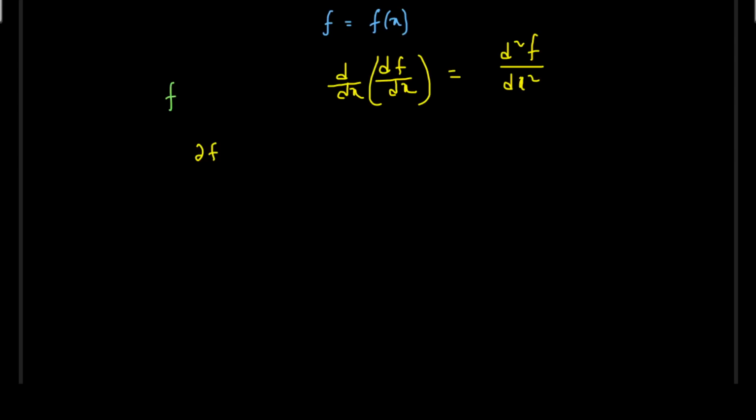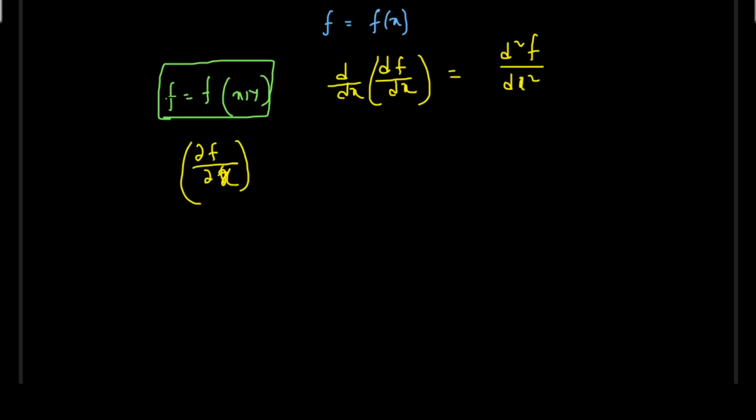Similarly, for partial differentiation, when f is f of x comma y, a function of two variables, as I said earlier, if we take the first differentiation with respect to x, it will be del f upon del x.